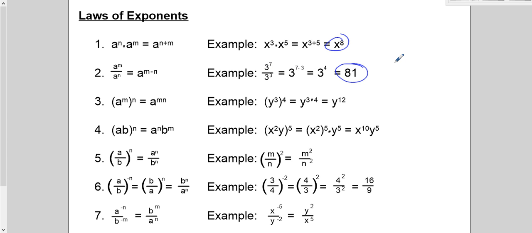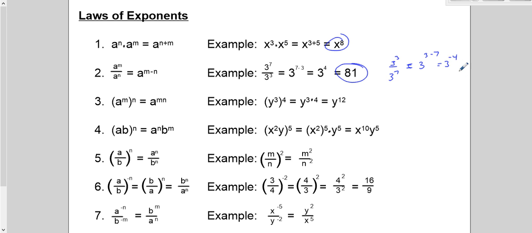Now, if I have 3 to the 3rd over 3 to the 7th, following this rule, I would have 3 to the 3 minus 7, which would be 3 to the negative 4.